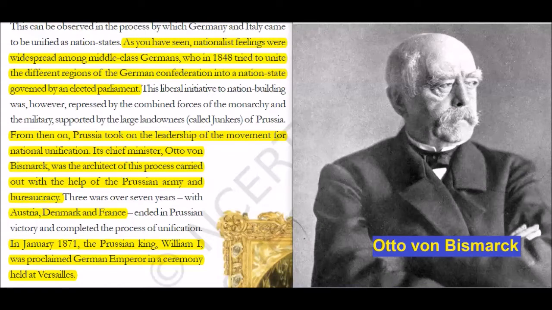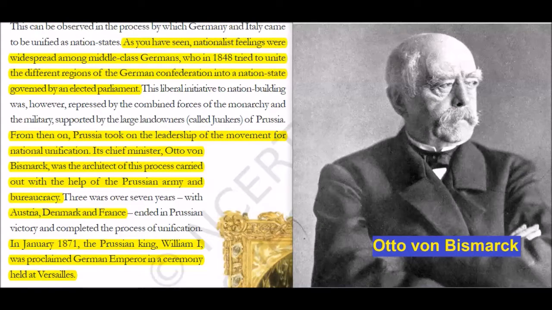Since then, Prussia took on the leadership of the movement for national unification. Its chief minister, Otto von Bismarck, was the architect of this process of unification.